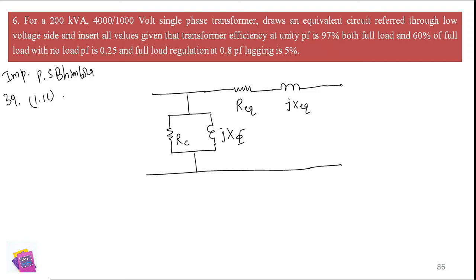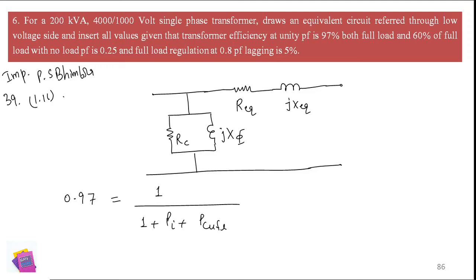What is the data? He is saying transformer efficiency at unity PF is 97%, 0.97. You know the formula: at unity PF, efficiency is 0.97 equals 1 divided by 1 plus Pi plus P copper full load.